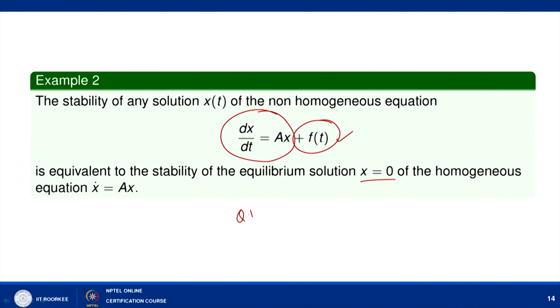So, let us observe this result. Say we have a solution phi(t), and we want to check whether it is a stable solution or not.